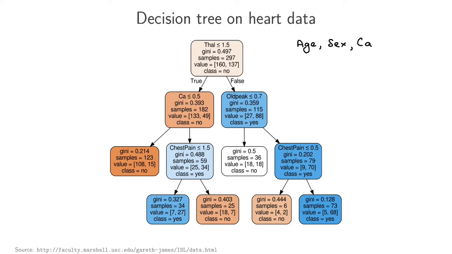What we can see right at the top node here is thal, that's the feature, less than or equal to 1.5. Thal refers to a thallium stress test, and the outcome of that test took on one of three values. It was either fixed, normal, or reversible.